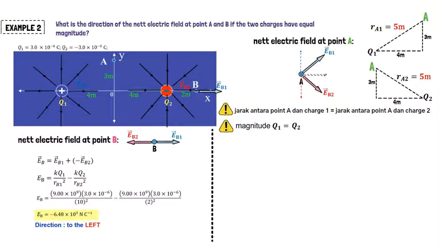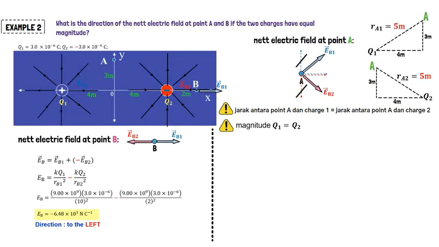Okay. Disebabkan jarak antara point A dan charge 1 sama dengan jarak antara point A dengan charge 2 dan dalam soalan ini kebetulan magnitude Q1 dan Q2 sama, jadi kita boleh cancel the Y component. Kita boleh cancel EA1Y dengan EA2Y. Kenapa?